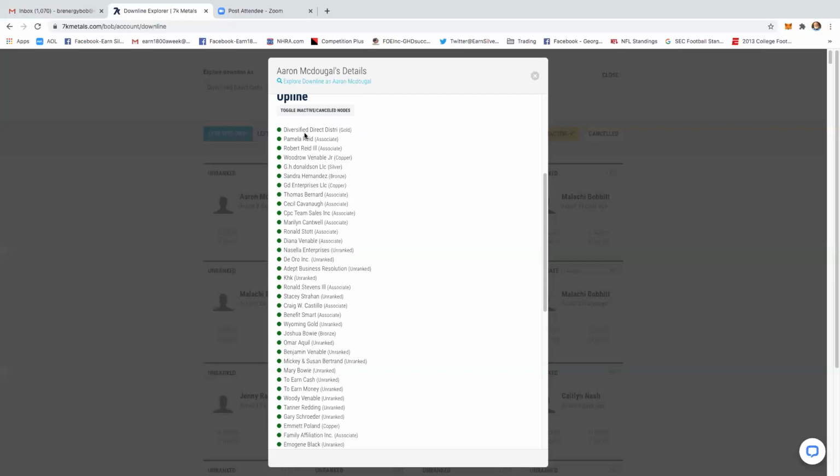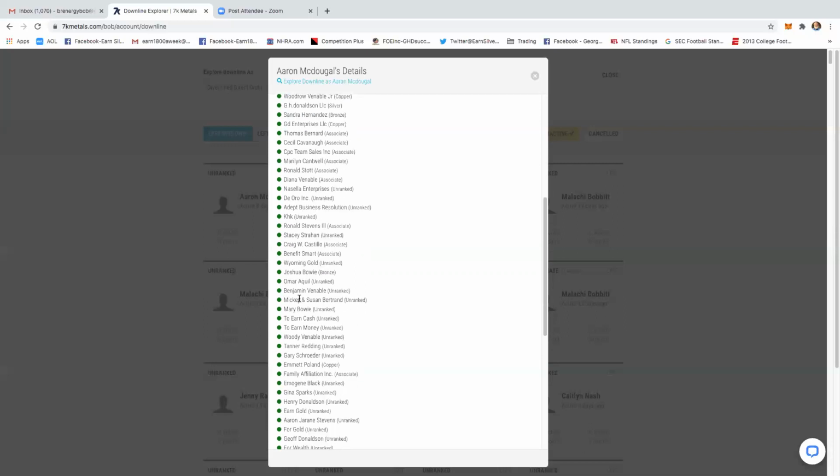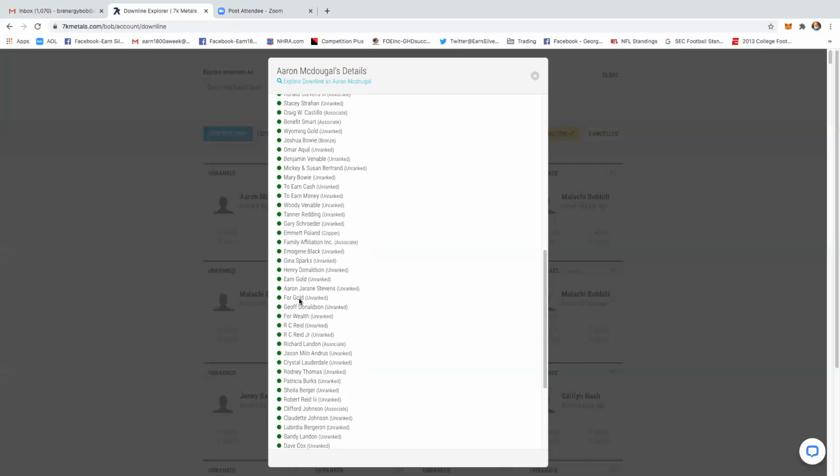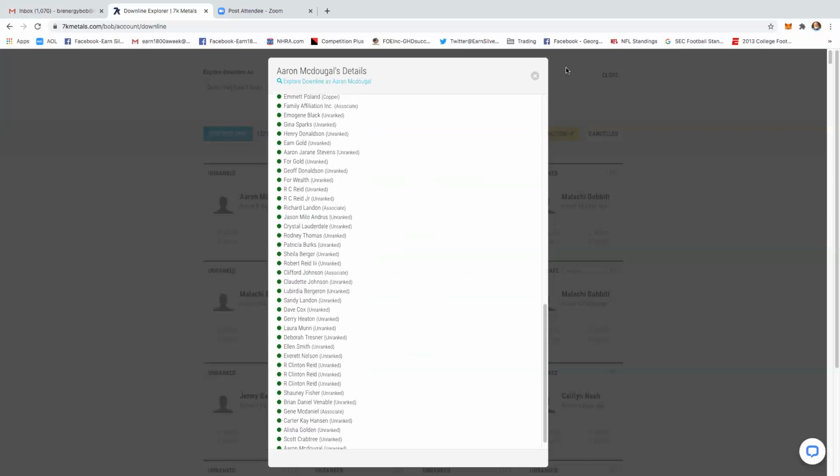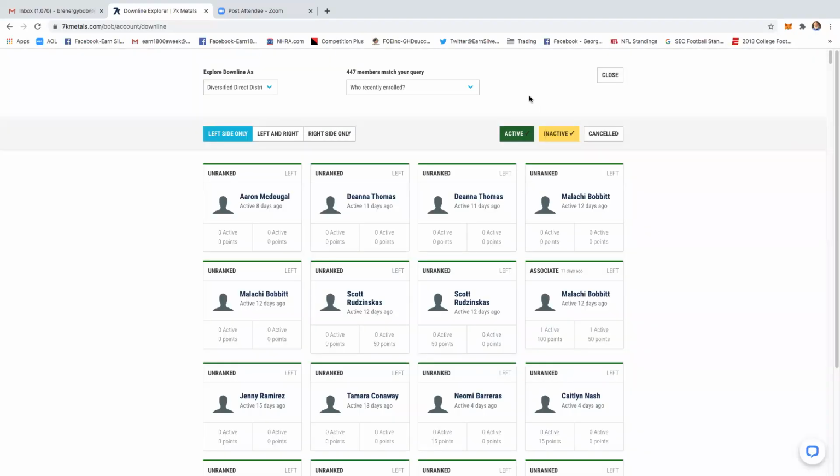It wouldn't necessarily be straight on the left or right, but it would go to his sponsor, to their sponsor, to their sponsor. So this is your sponsorship line, and that's important if you're trying to map things out. Right now, it may not be as clear to you what I'm saying, but after a while of using it, it will be.